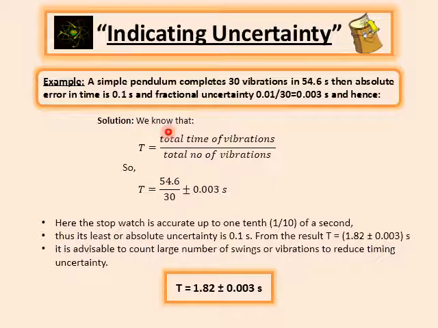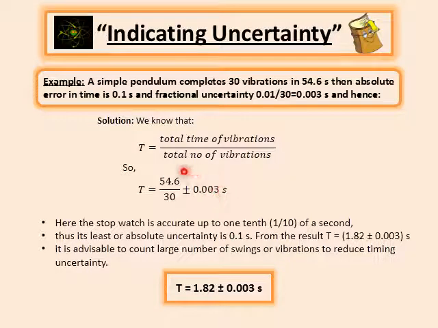Hence the solution is, we know that the formula of the time period is the total time of vibrations divided by the total number of vibrations. Now all the values are given, so putting the values, we have 54.6 divided by the total number of vibrations, which is 30, plus minus 0.003, which we have found here.